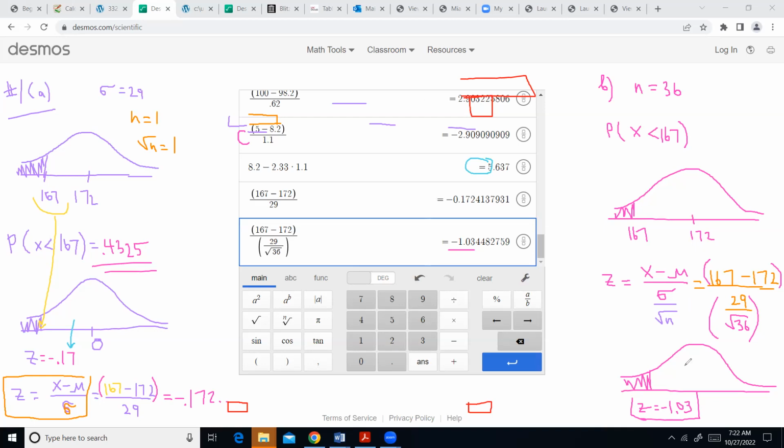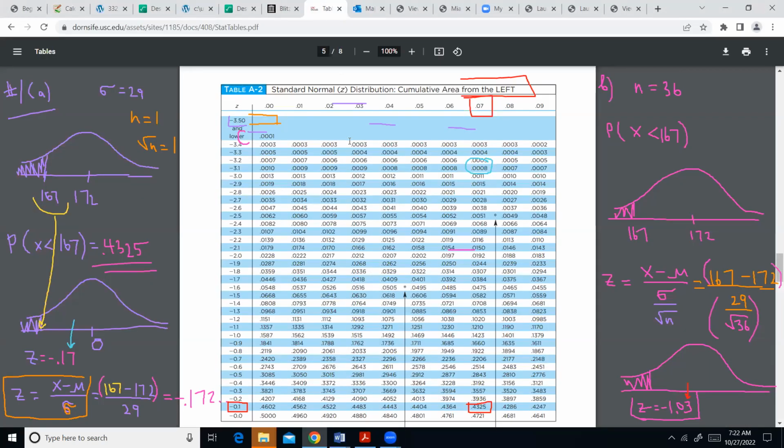So I take the tables and find the column. In the tables, in the column under 0.03 here, I need negative 1.0. So that's my row, right? And the column, and we have here the area that we were looking for.